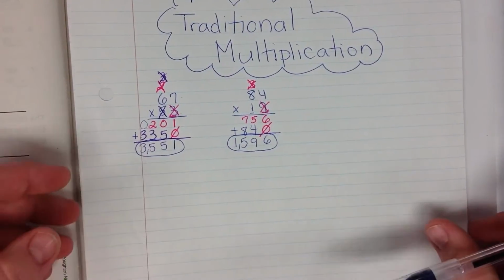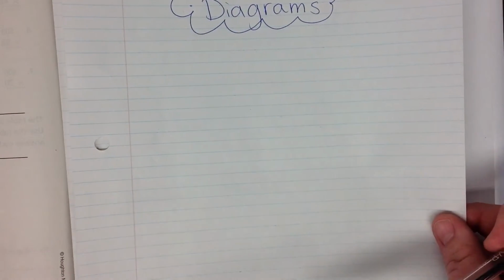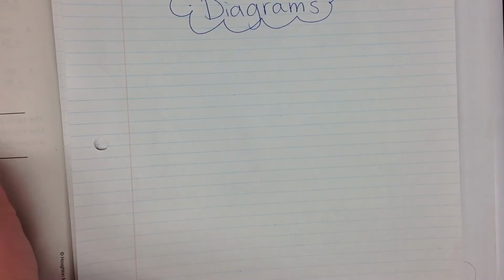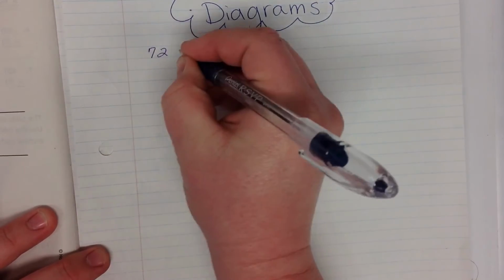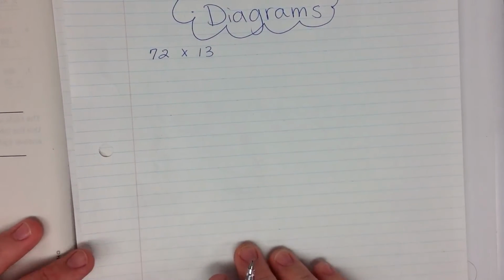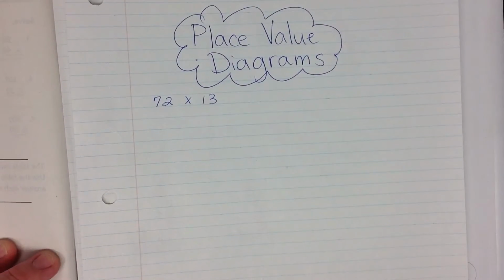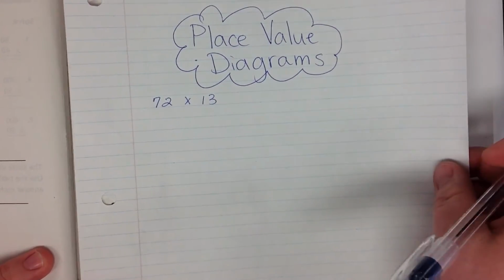Now we'll go on to the place value diagrams. So the first place value diagram I'm going to show is for 72, and these are kind of fun, I like these, times 13. Alright? And with place value diagrams, we need to make sure that we understand what expanded form is, because that's going to help us set this problem up.